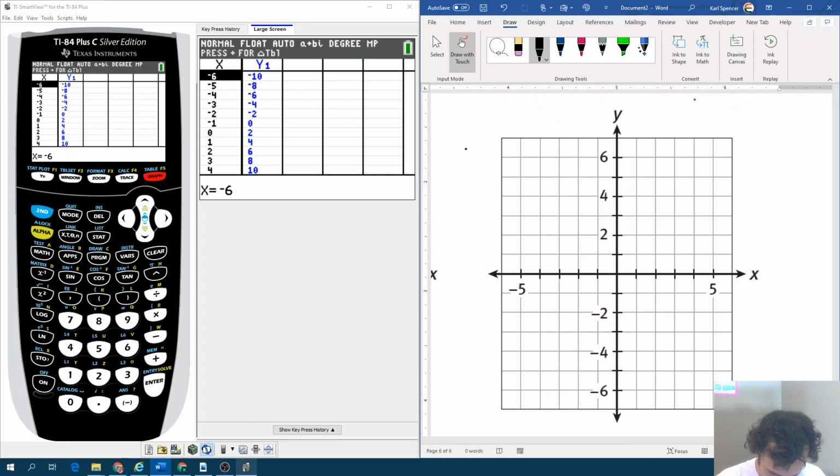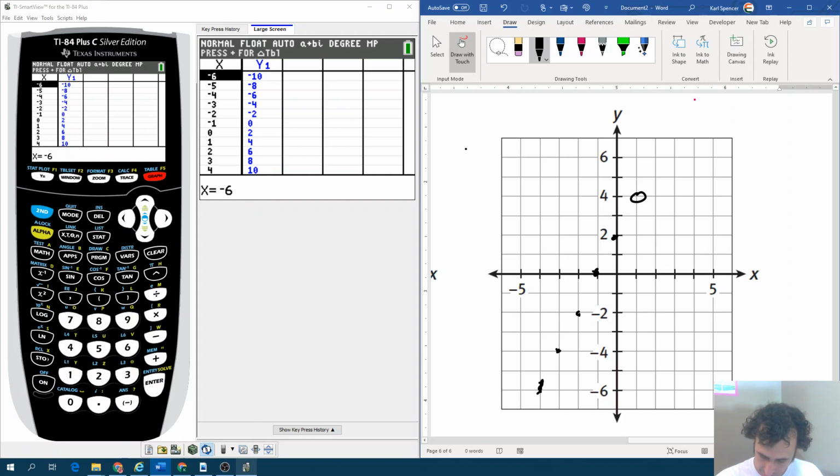We'll go -4, -6; -1, 0; 0, 2. And again, that transition was happening at 1. And so at x equals 1, the y value is 4, and it's an open circle.